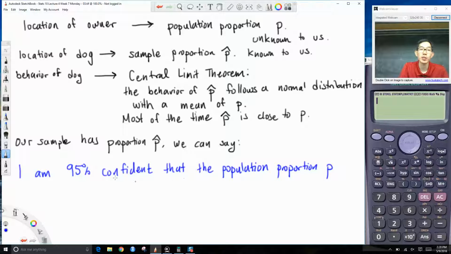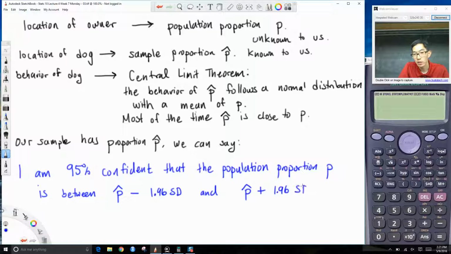So I'm 95% confident that the population proportion p is between p hat minus 1.96 standard deviations, and p hat plus 1.96 standard deviations.